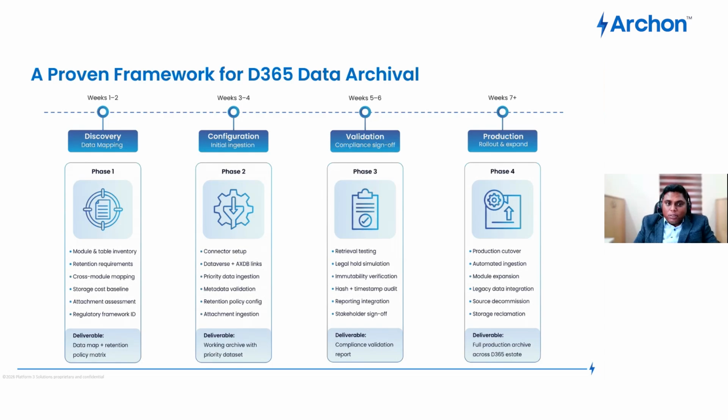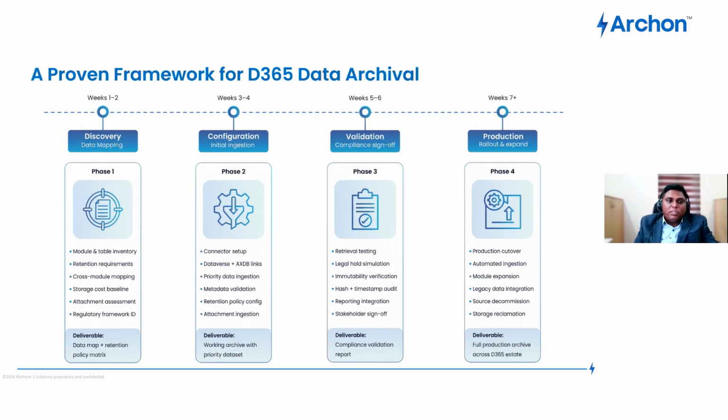So the next phase would technically be the configuration: how do we set up what we had inferred in phase one, how do we carry those learnings into the next phases, how are we able to bring the data from the system, how do we prioritize the data, how do we set up what goes first versus what goes next.